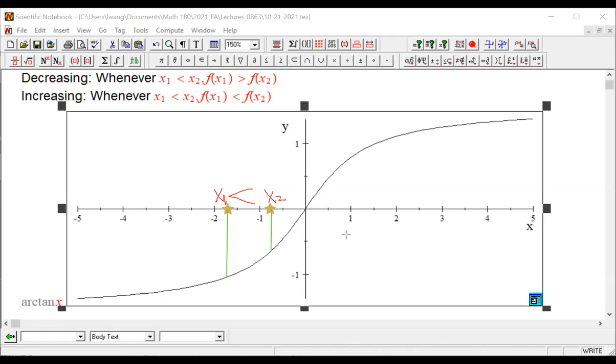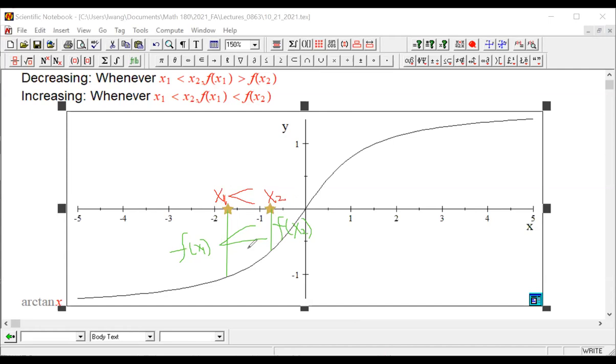Which one is larger? They're both negative, so the shorter one is larger, right? So this is f of x1, and that's f of x2. f of x2 is greater than f of x1.